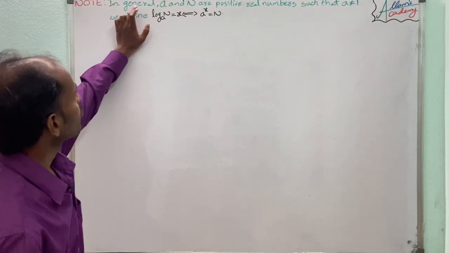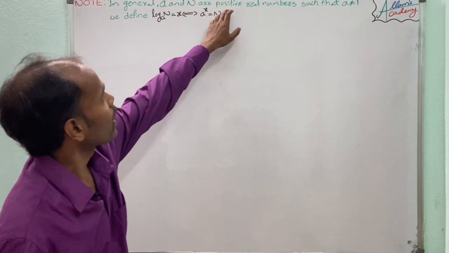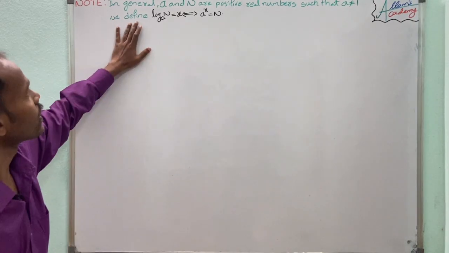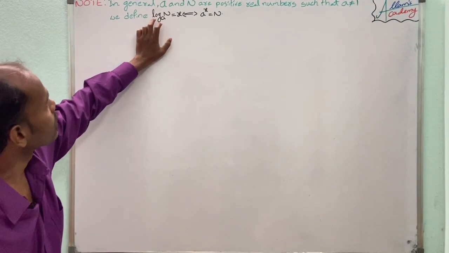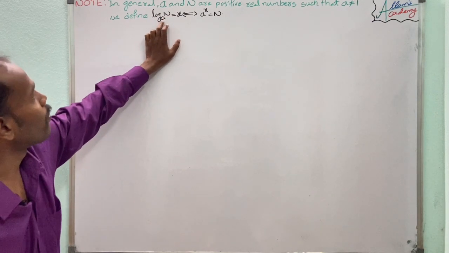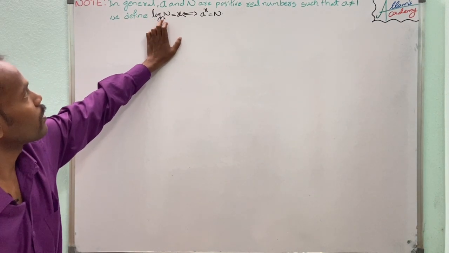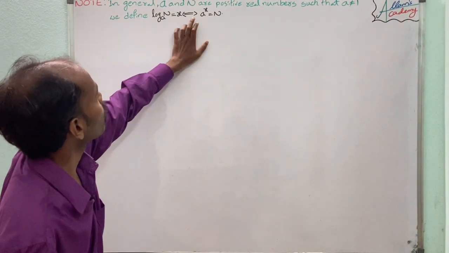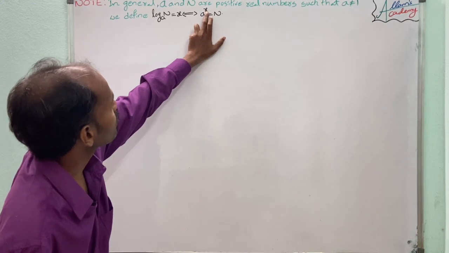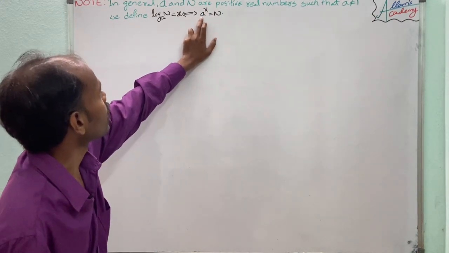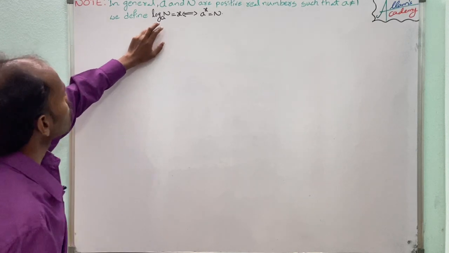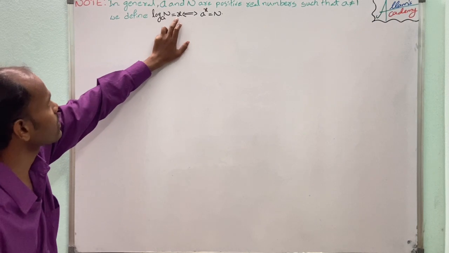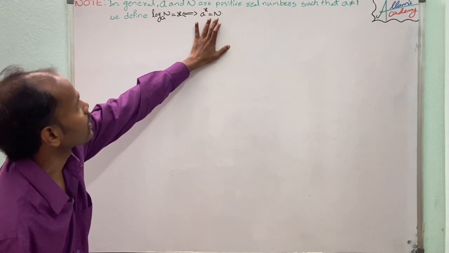In general, a and n are positive real numbers such that a is not equal to 1. We define the logarithm like this: log n base a equal to x, if and only if a power x equal to n. So here, log n base a equal to x, then a power x equal to n.